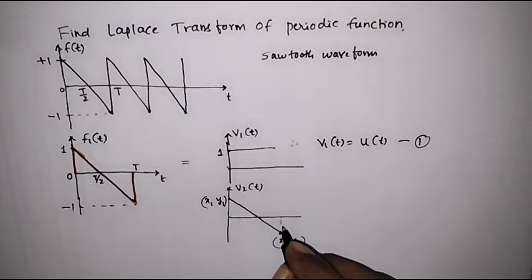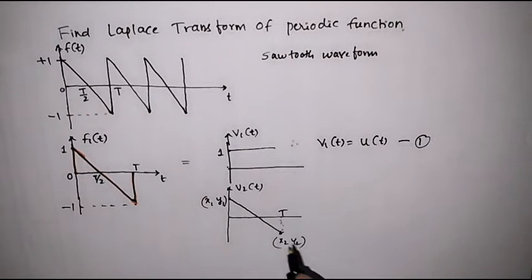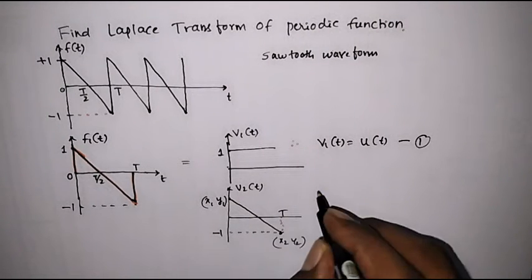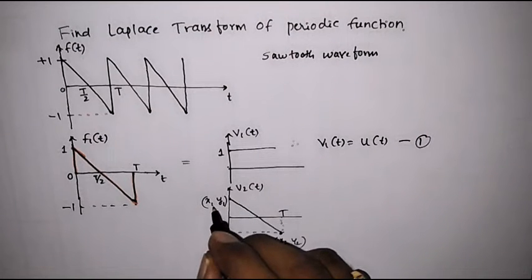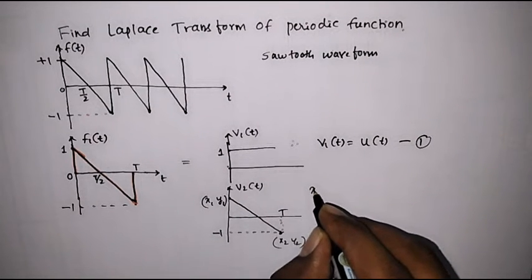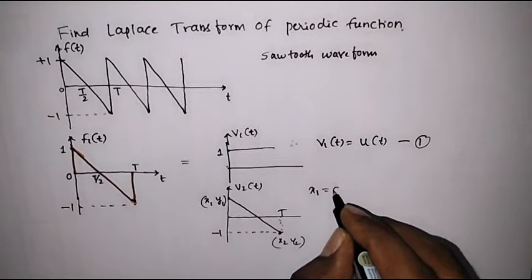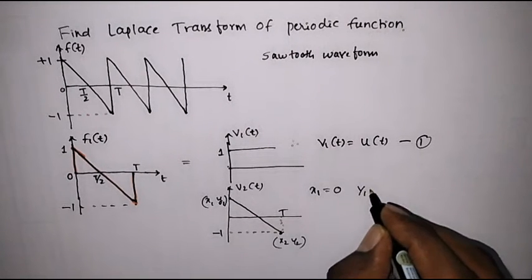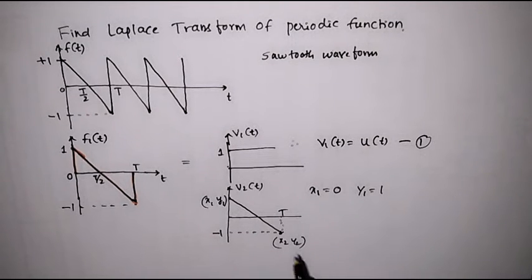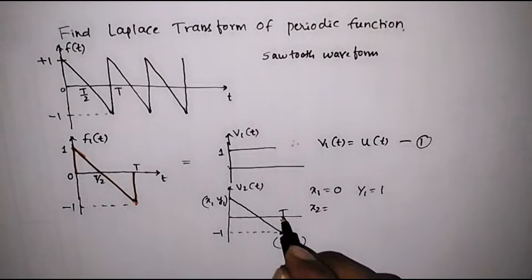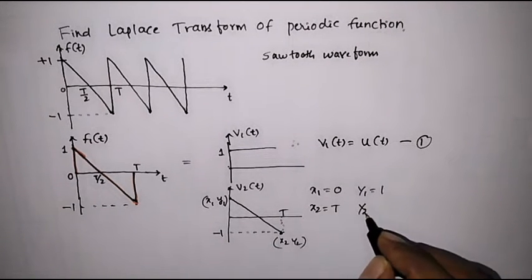At this point it is T and the amplitude is -1. Here x1 is equal to 0 and y1 is equal to 1, and x2 coordinate is T and y2 coordinate is -1.